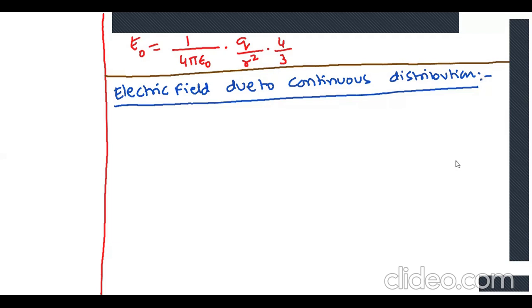In this continuous distribution we are having three types of objects. First one is one-dimensional distribution.